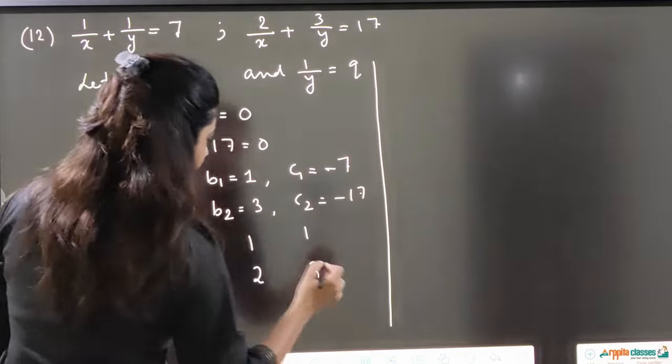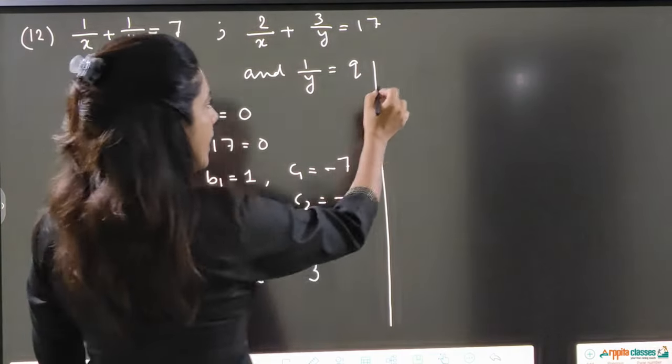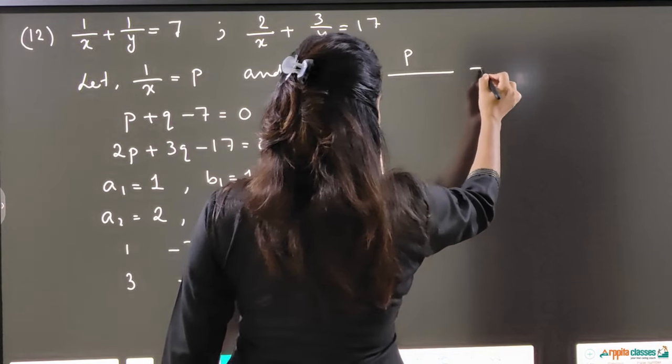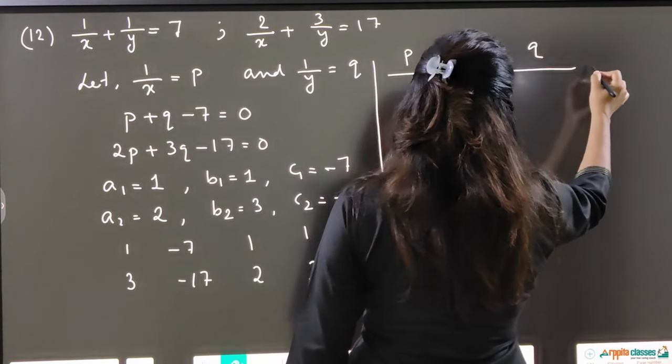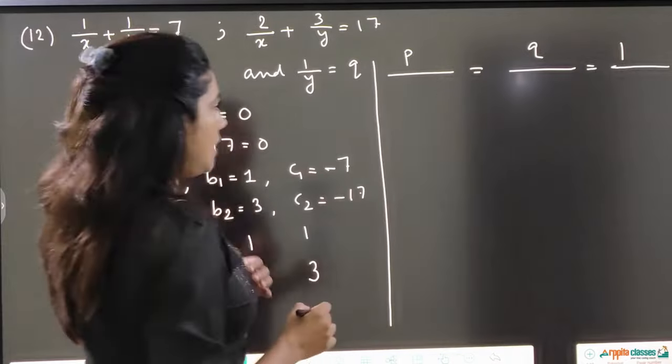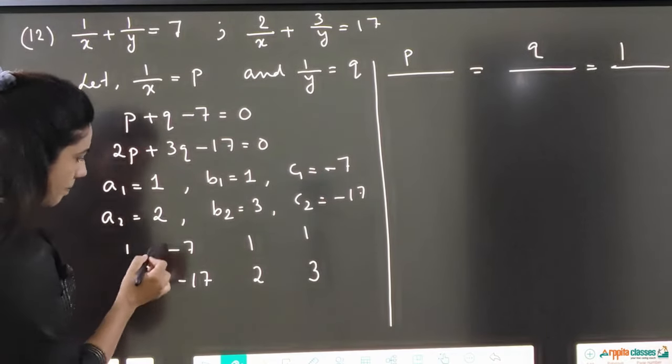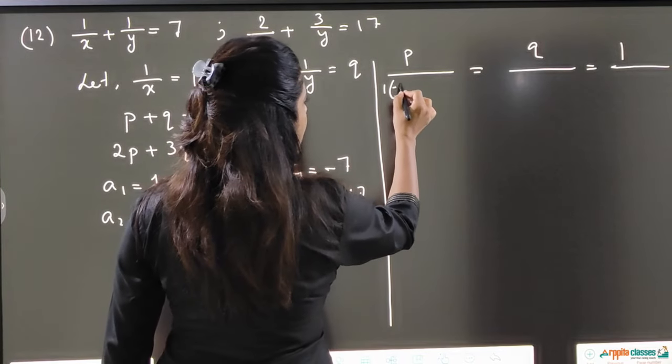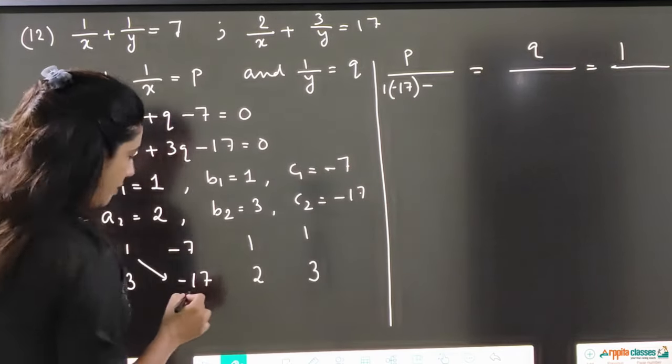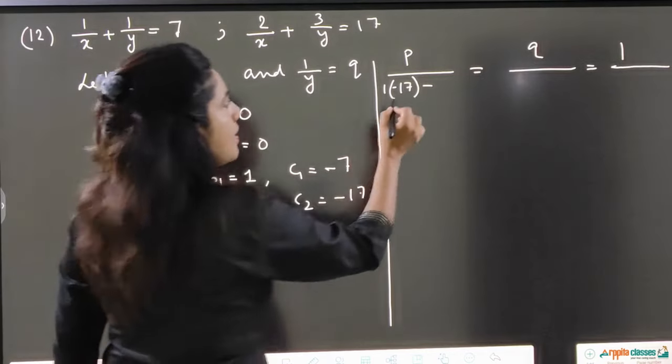So now I'll write p upon, then q upon, and then 1 upon. Under p upon I'll write 1 into minus 17, a minus sign in between, and then 3 into minus 7.